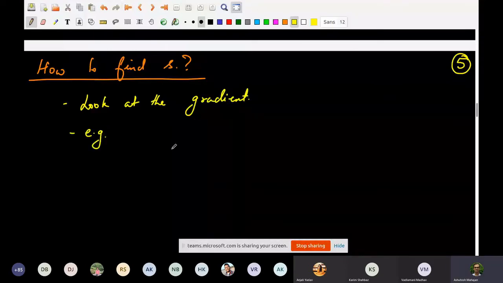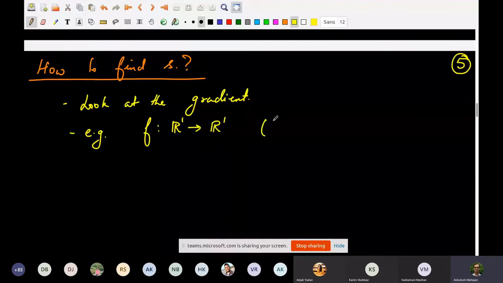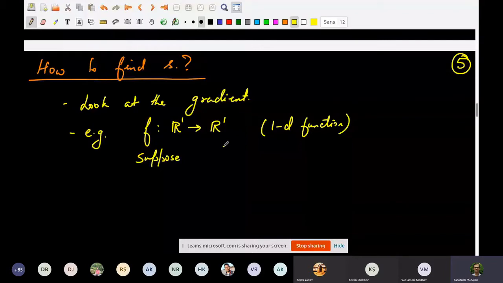Suppose f is a one-dimensional function, so R1 to R1, a 1D function. Suppose del f by del x1, or df by dx1, at a given point is, let's say, 5.